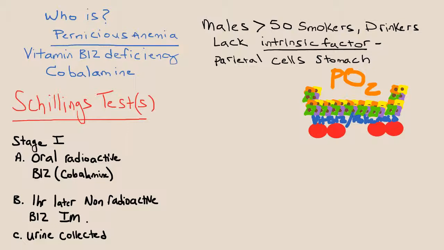If this is abnormal, then you go to stage 2, which can be done 2 to 3 or 3 to 7 days later. In stage 2, you're given radioactive B12 along with intrinsic factor. So this can tell us whether your low vitamin B12 is caused by a problem with your stomach, preventing it from producing the intrinsic factor. If this stage is abnormal, you can go to stage 3.